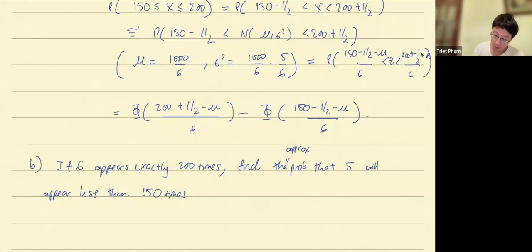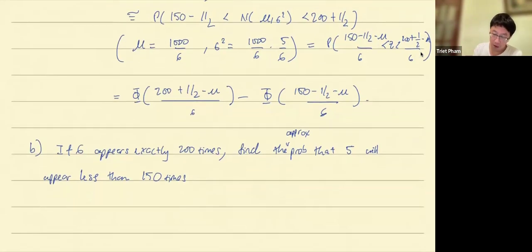Well, the answer is as follows. A direct intuition will tell you that conditional on 6 appearing 200 times, the number of 5s will be a binomial with 800 trials.